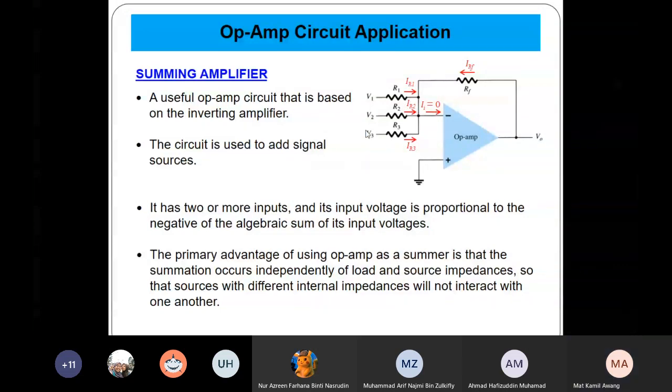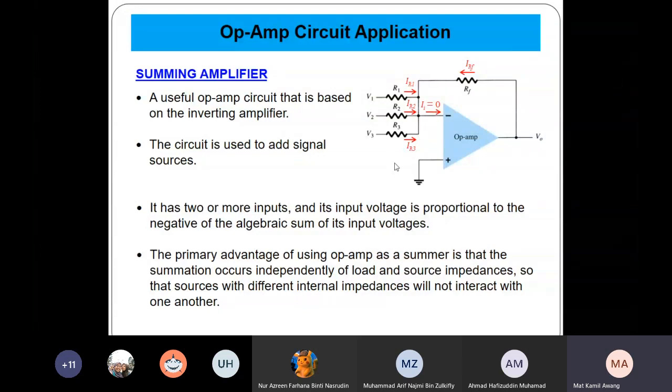You can ignore the internal impedance of the input and also of the output. Your calculation is only based on the values of V1, V2, V3 and R1, R2, R3 and RF to get the output.